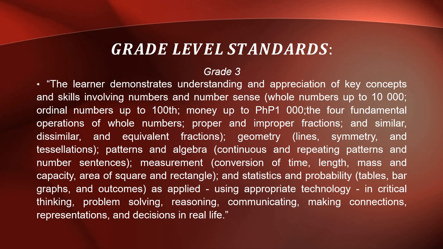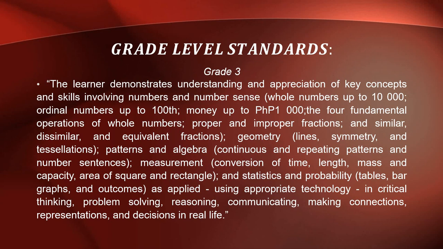Conversion was not mentioned in the previous grade levels, so conversion will start in grade 3. Length, mass, and capacity in area of square and rectangle is already introduced, but we have to be very careful with the area of square and rectangle because it's not the abstract area of a rectangle and square.